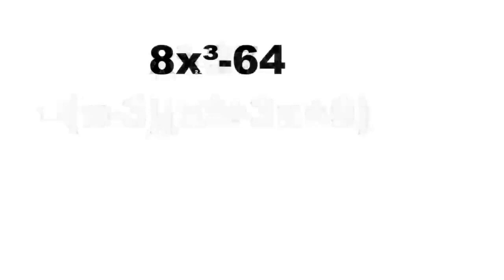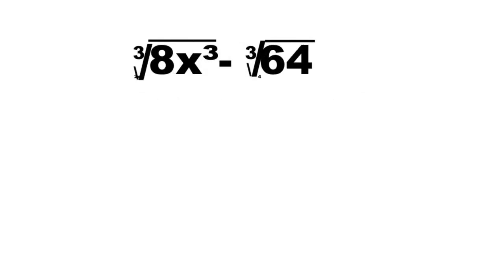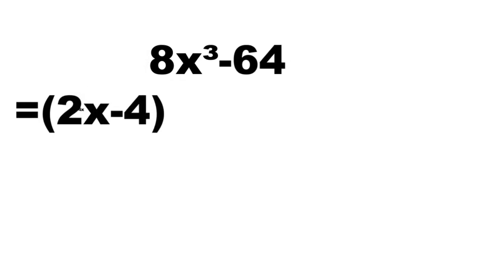Another example, we have here 8x cubed minus 64. Let's get the cube root of 8x cubed and 64. The cube root of 8x cubed is 2x, and the cube root of 64 is 4. So we have here quantity 2x minus 4.